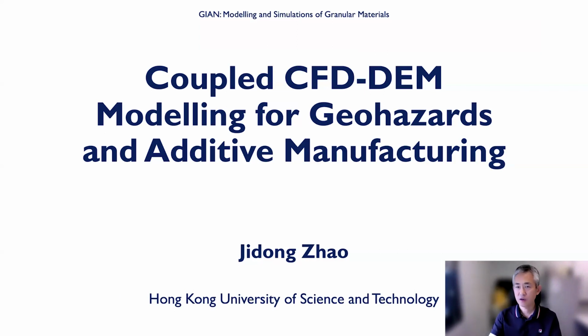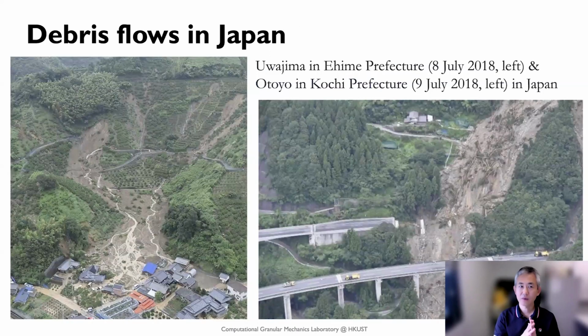First, focus on how we simulate geohazard like debris flow. The second part is modeling additive manufacturing. But essentially, we want to use the same methodology: coupled computational fluid dynamics with discrete element method. Okay, so the first part is the geohazard part.